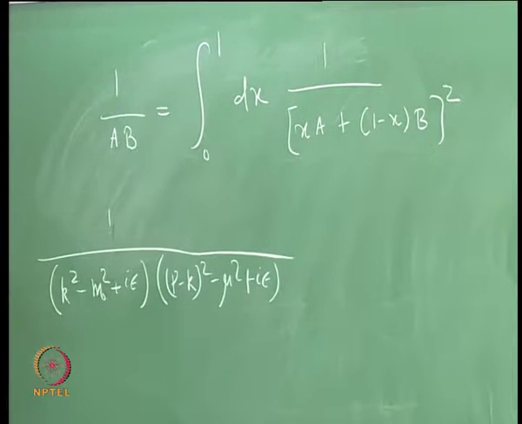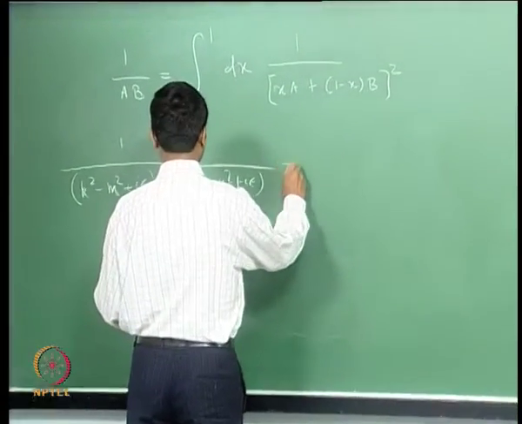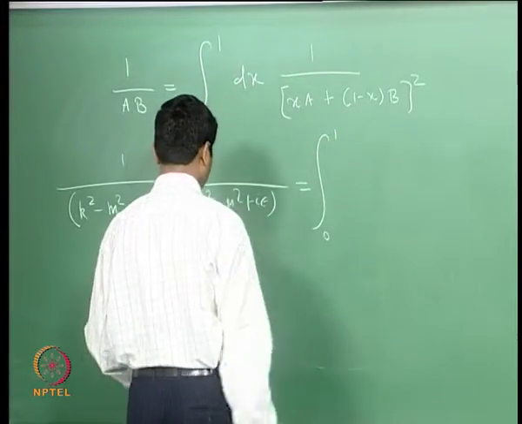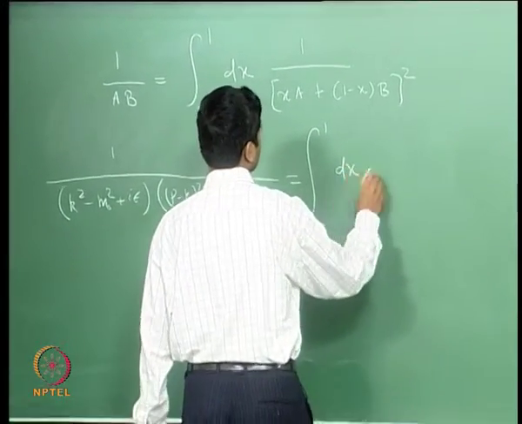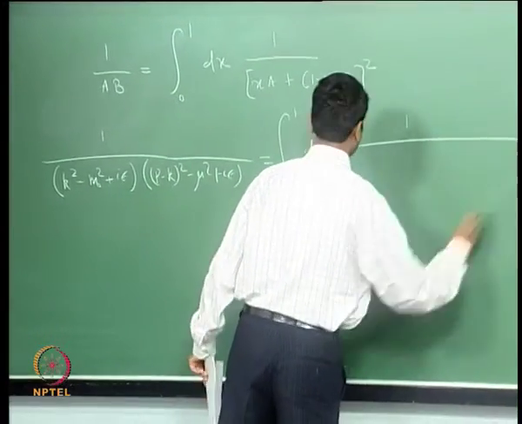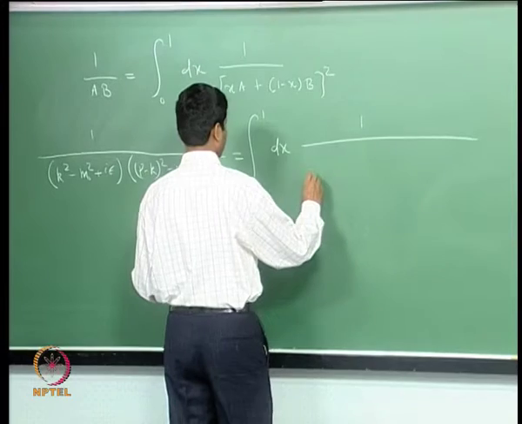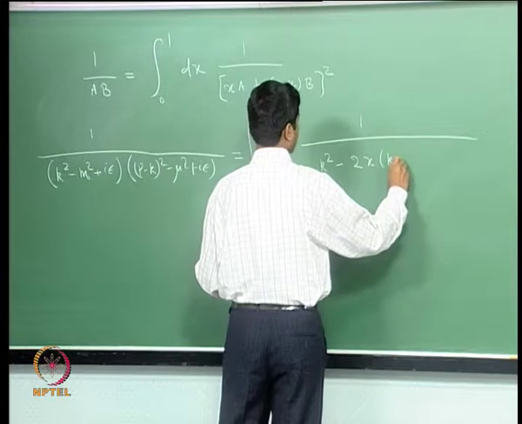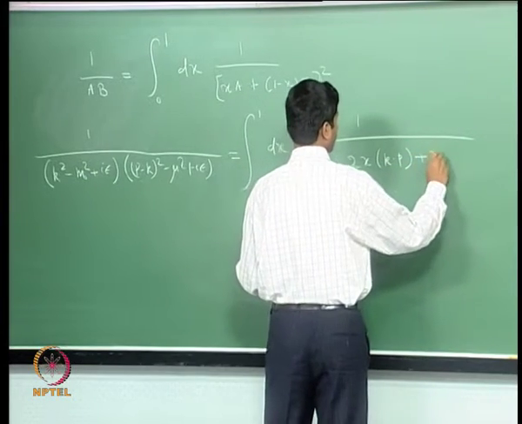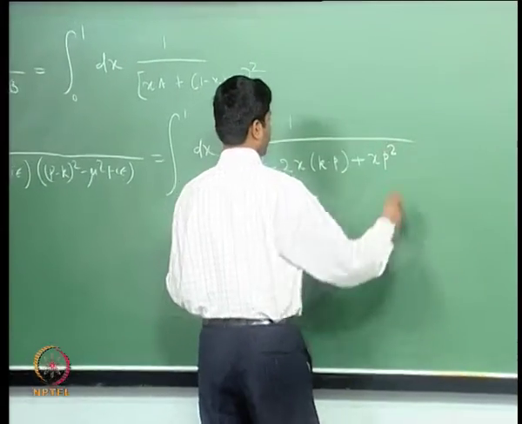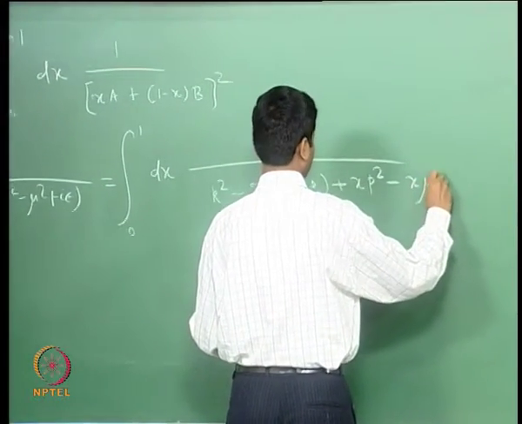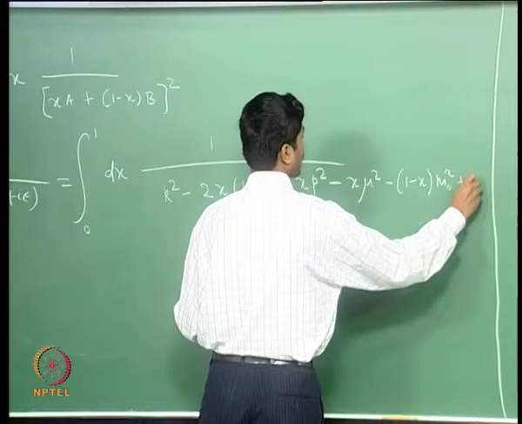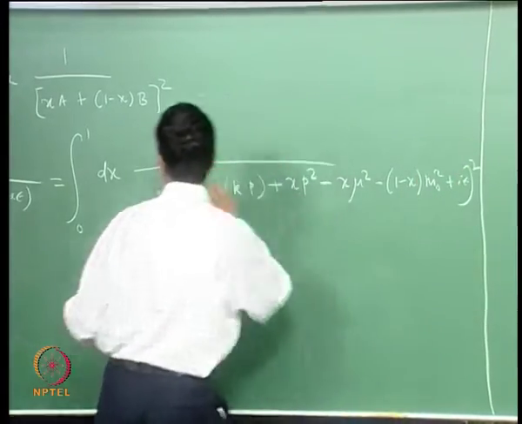This is given by the integration from 0 to 1 dx of 1 divided by (k square minus 2 x k dot p plus x p square minus x mu square minus (1 minus x) m0 square plus i epsilon), this whole square, because there is a square here.